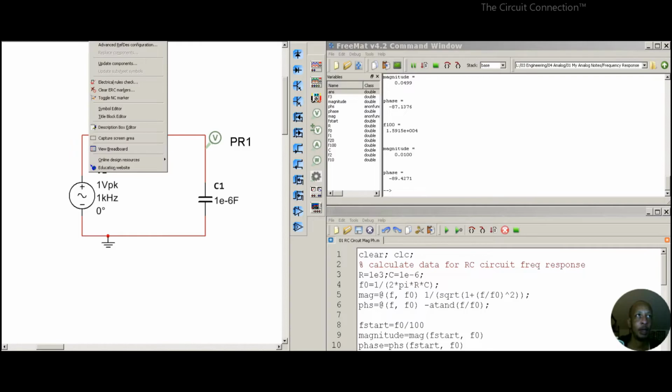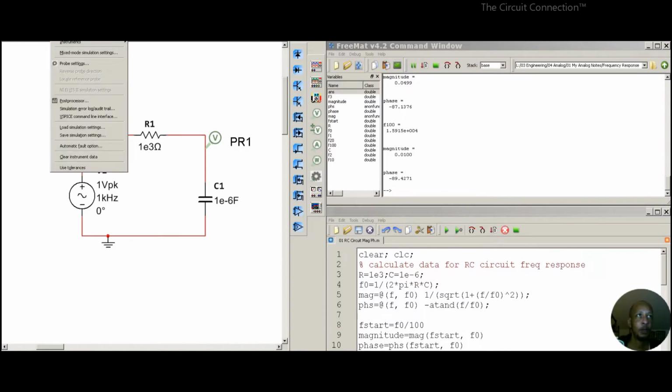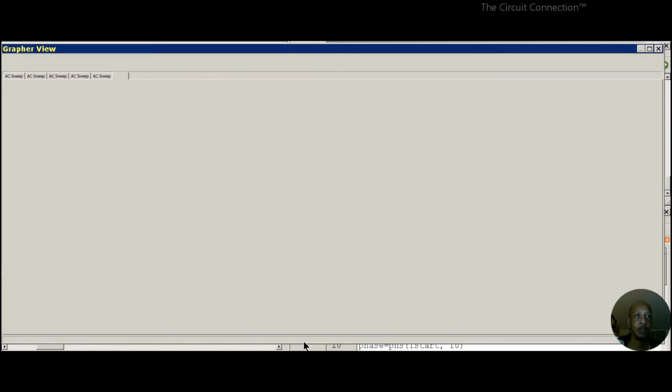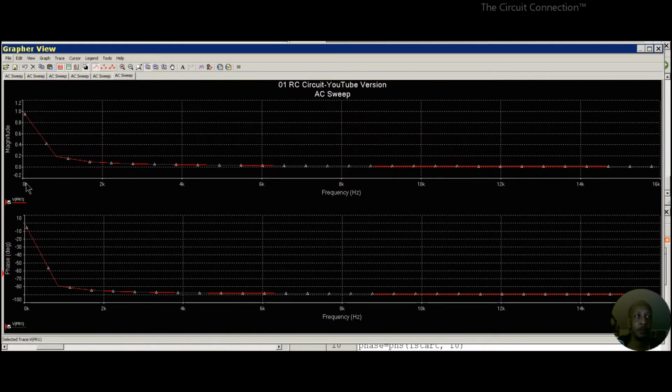Let's go back and redo the simulation, but let's look at it in terms of the sweep type, linear. That is, linear, like between 0 and 2K and 4K and 6K.